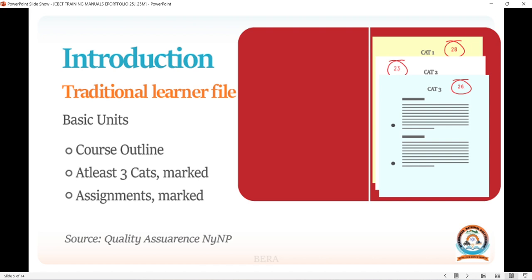These cards you should file from the oldest to the latest. And then any assignments which you are given should also be marked.